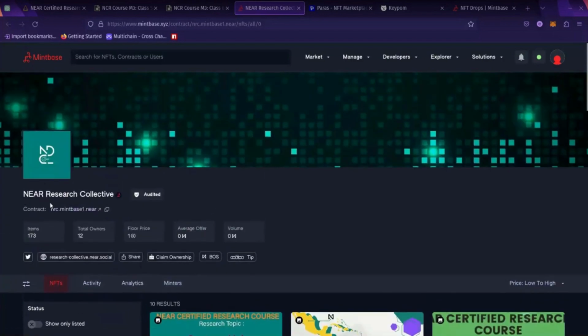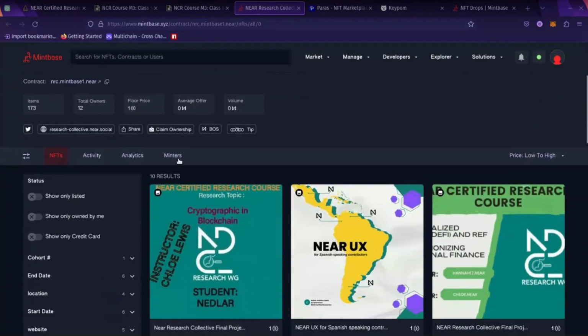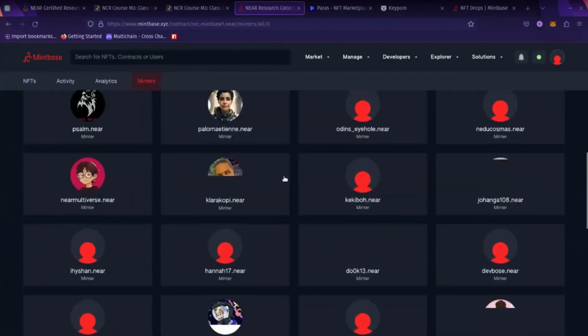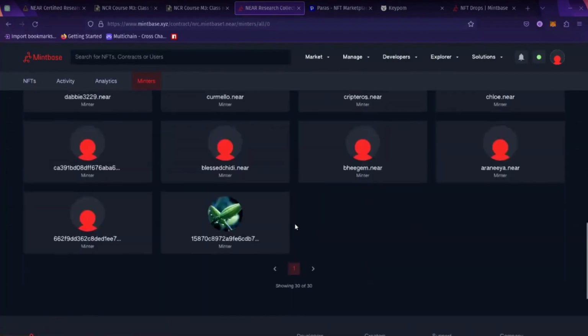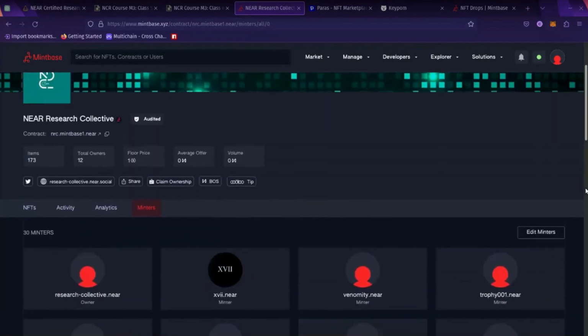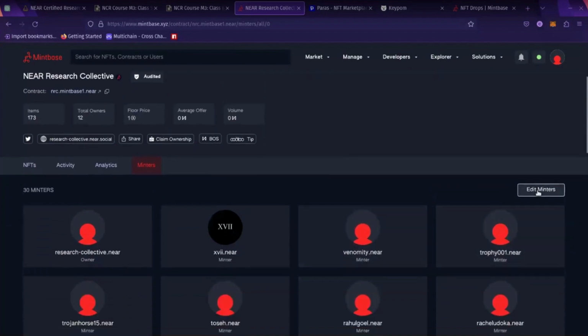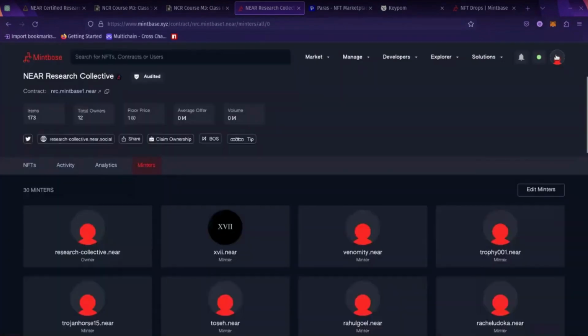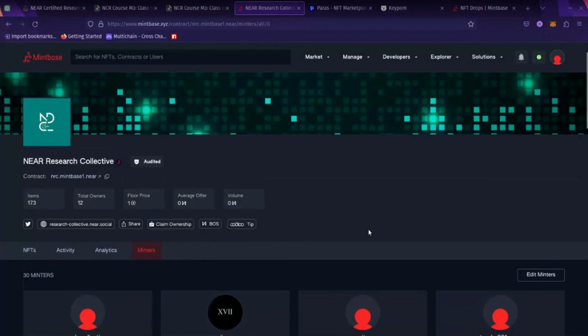So when you go to the NEAR Research Collective Mintbase store, nrc.mintbase1.near, you can see we have quite a few minters here already. These are all the minters that currently exist on the store, and every student here who is planning on submitting a project for this class must be on the minters section. I'm trying to be very clear with this. You must be a minter on here so you can mint your project.